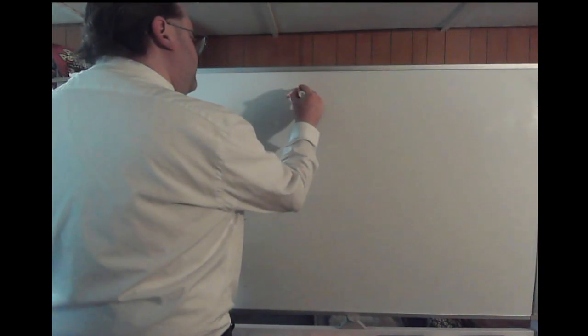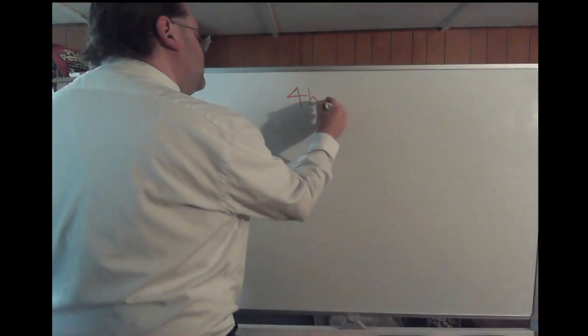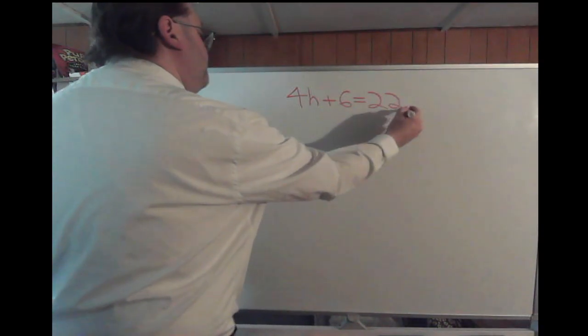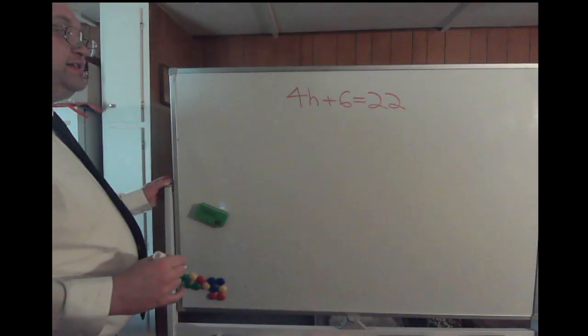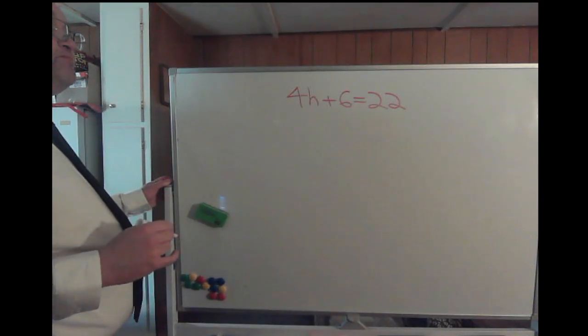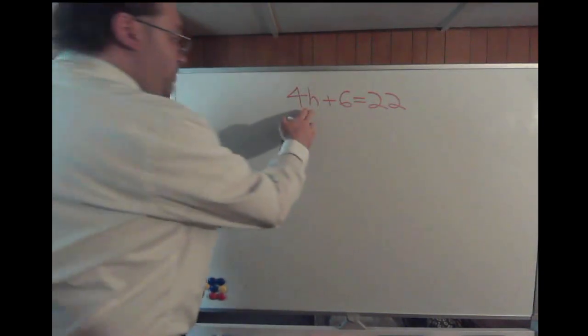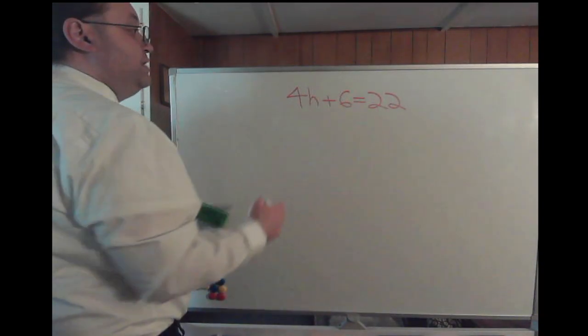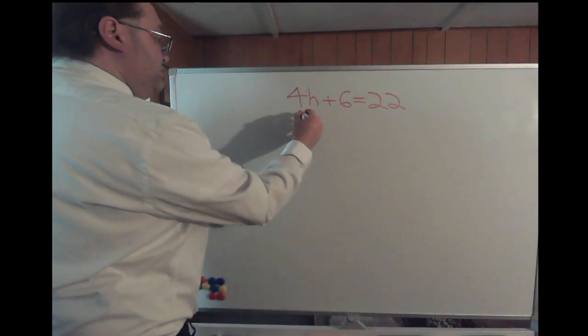Alright, how about this one? 4h plus 6 equals 22. So we have 4h plus 6 equals 22. Well, goal is get 4h by itself. So we have plus 6. We need to do minus 6 to get rid of that 6.